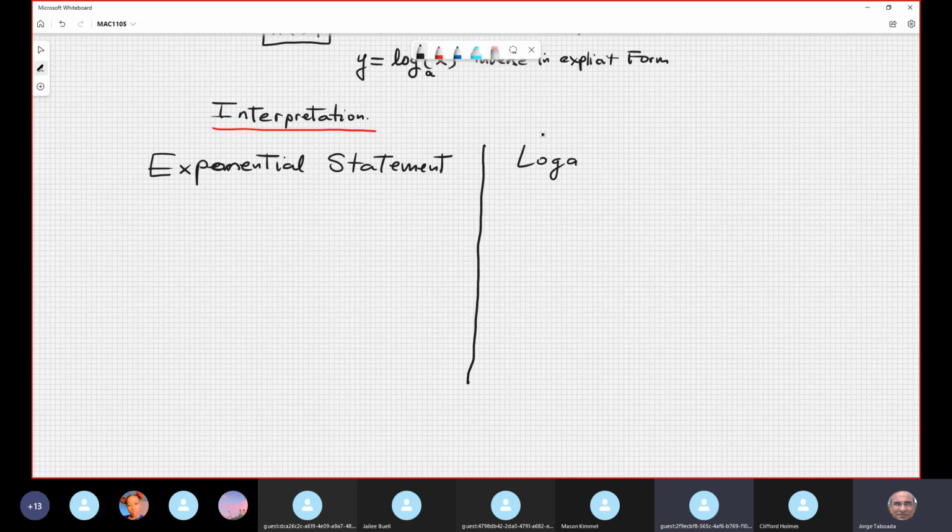And you can see how we transform or change from one to the other, exponential to logarithmic or logarithmic to exponential, because it's reciprocal, in both directions.